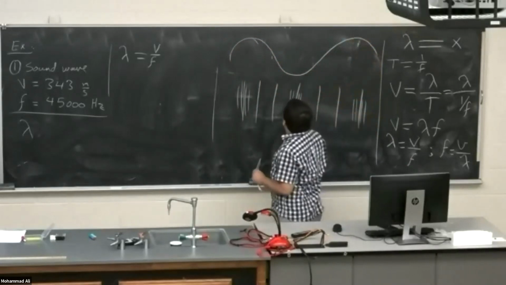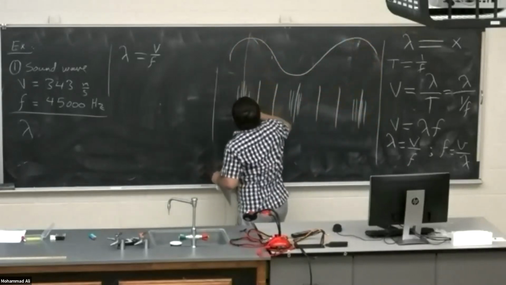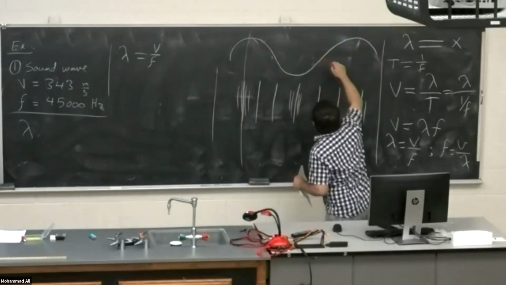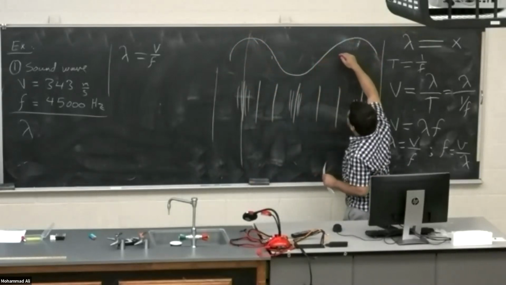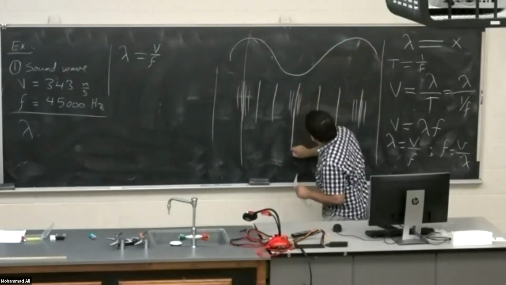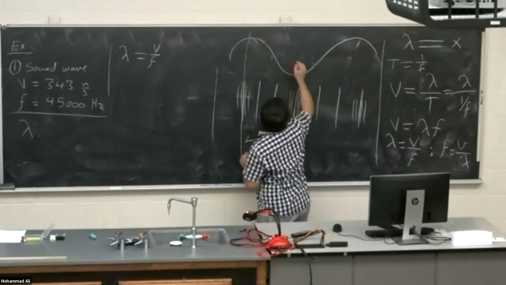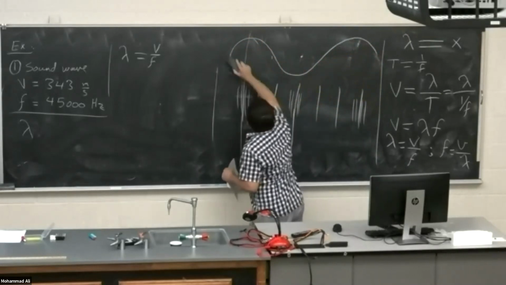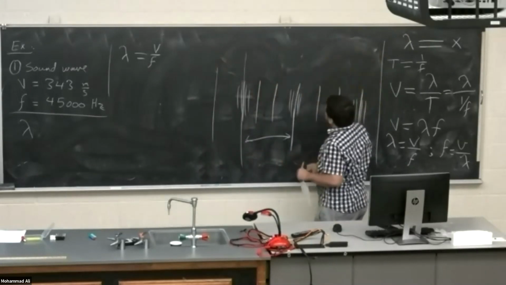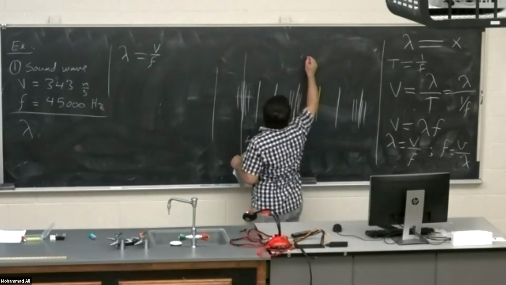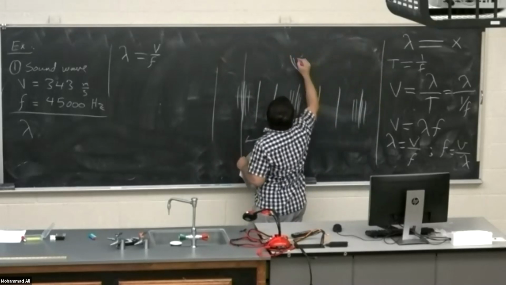Okay. This is a wavelength from here to here. For us, we need a full wavelength. It will be like this.